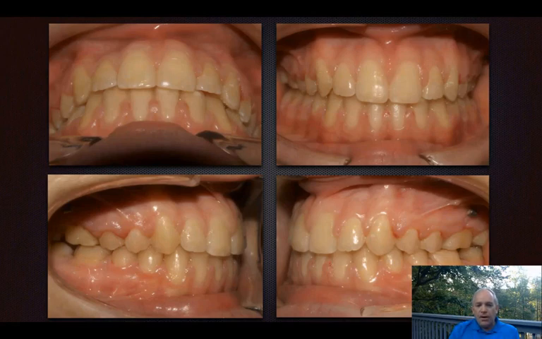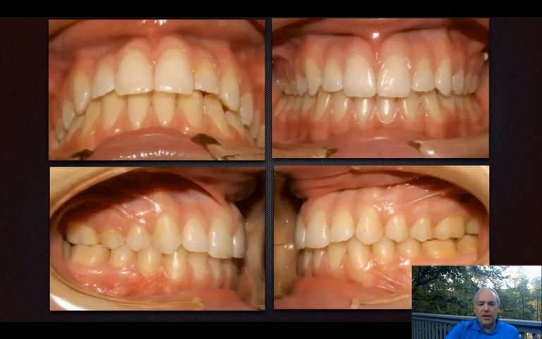There's a correct amount of overjet and overbite so that we can actually have contact, appropriate contact, when we go into excursion. So this is the same patient a few weeks later after the tissues have been cleaned up.